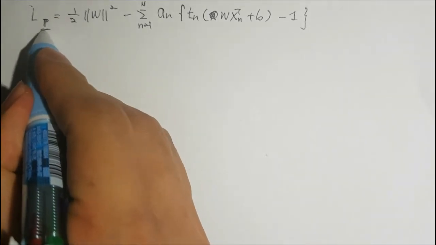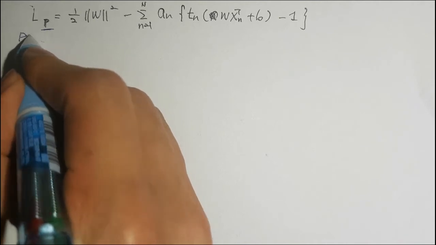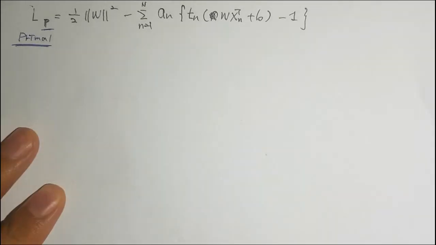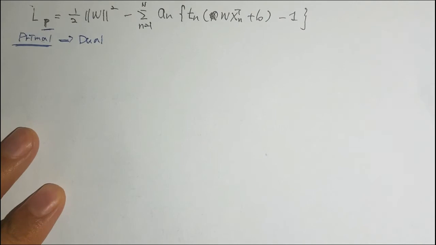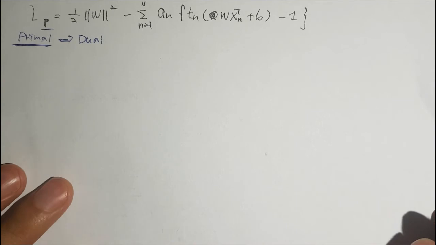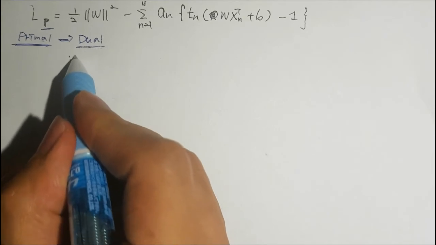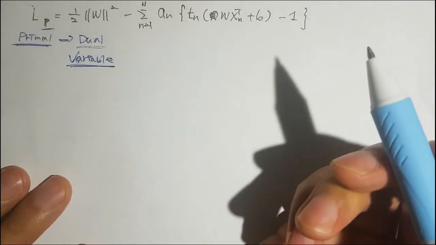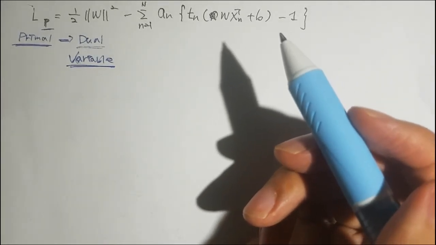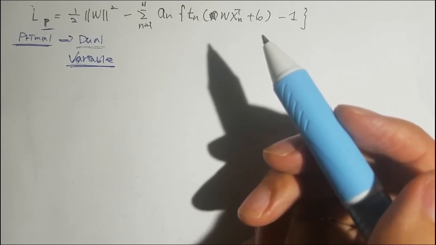This Lagrange form is called primal form, but it will be written as dual form, and the intuition of applying this dual form is we just change our variable, and we just change the way of expressing the equation by changing the variables.